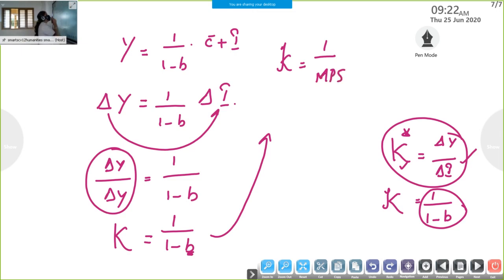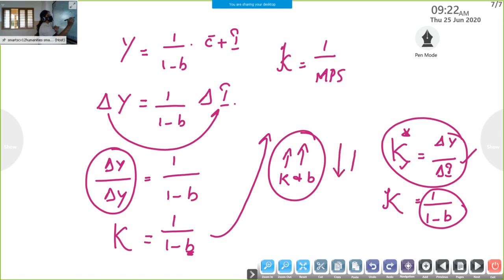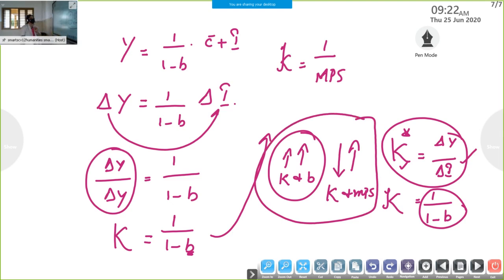So the conclusion we can give is that there is a direct relationship between multiplier and MPC, since b shows MPC, and an inverse relationship between multiplier and MPS. So we derived the investment multiplier by using MPC. Investment multiplier is determined by MPC.